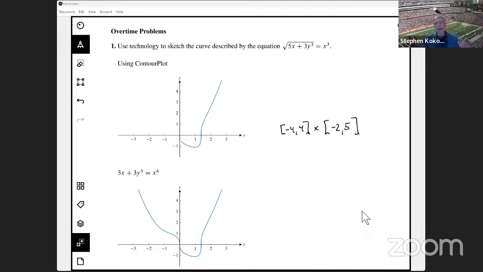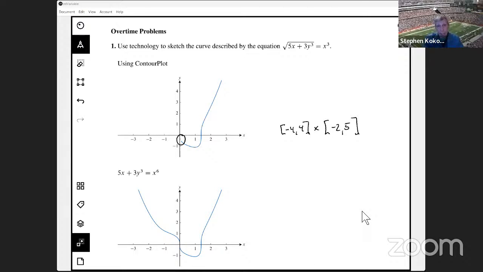And I think what Mathematica does is it takes a bunch of points in this rectangle and tests them really quickly. How close are you to equality when you plug in that x and y coordinate? And it came up with this curve, which isn't bad, except you'll notice that it looks a little funny over here where it's close to the y-axis. It almost looks discontinuous there.